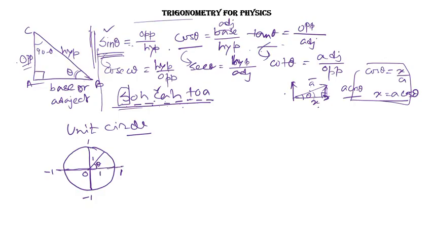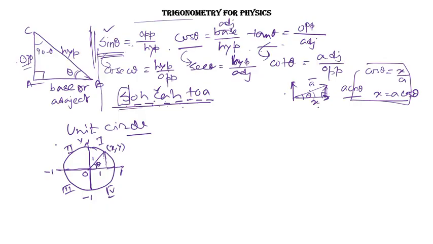This is the x-axis, correct, and this is the y-axis. If this is theta, suppose this point is x comma y in the coordinates. This is the first quadrant, this is the second quadrant, this is the third quadrant, and this is the fourth quadrant.